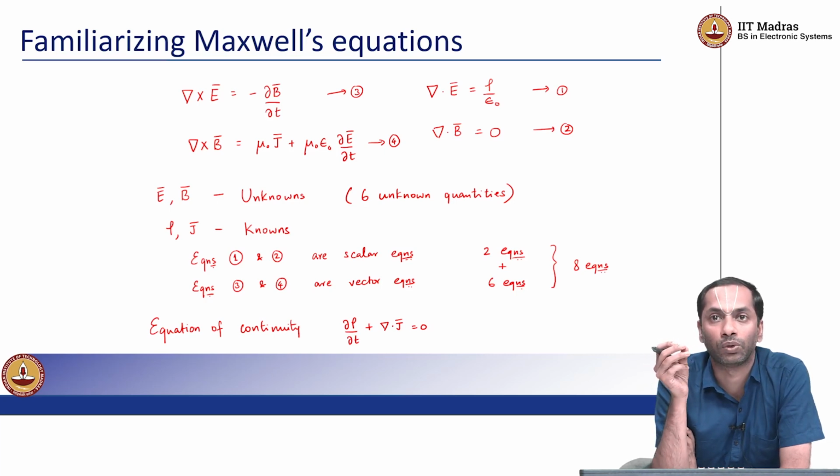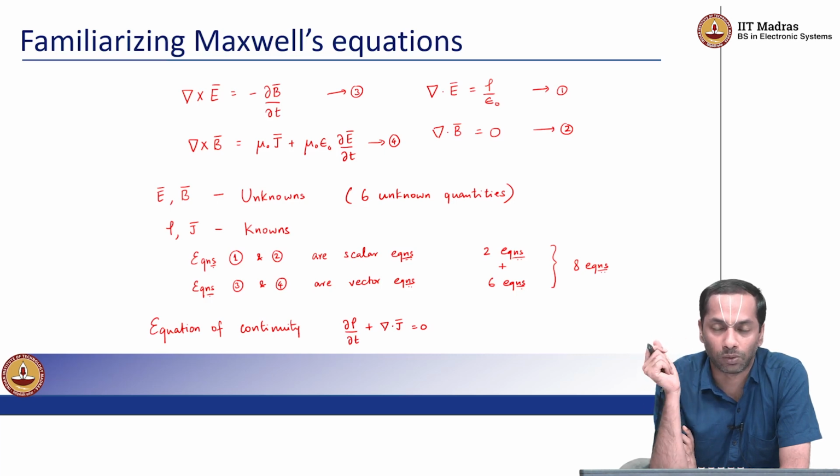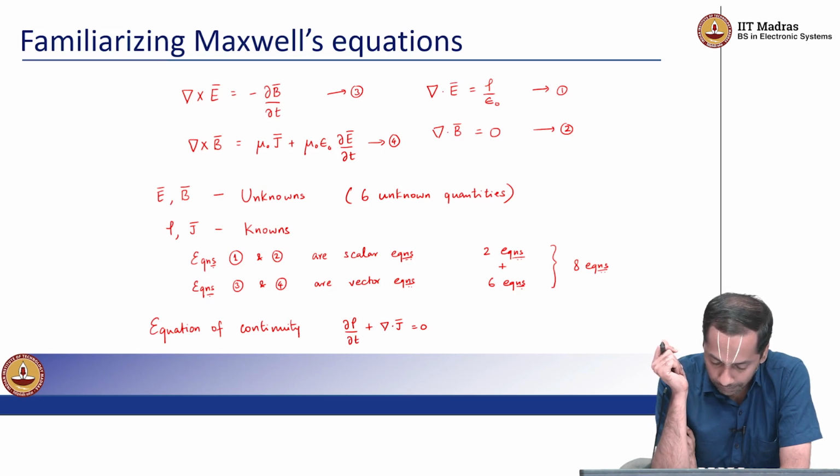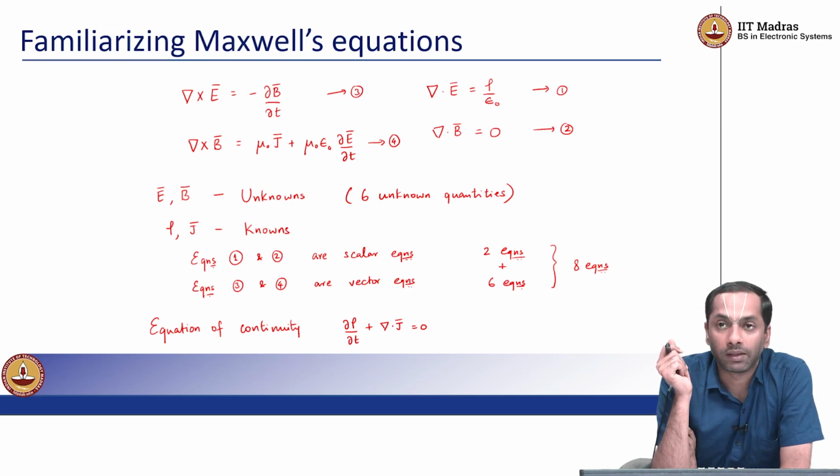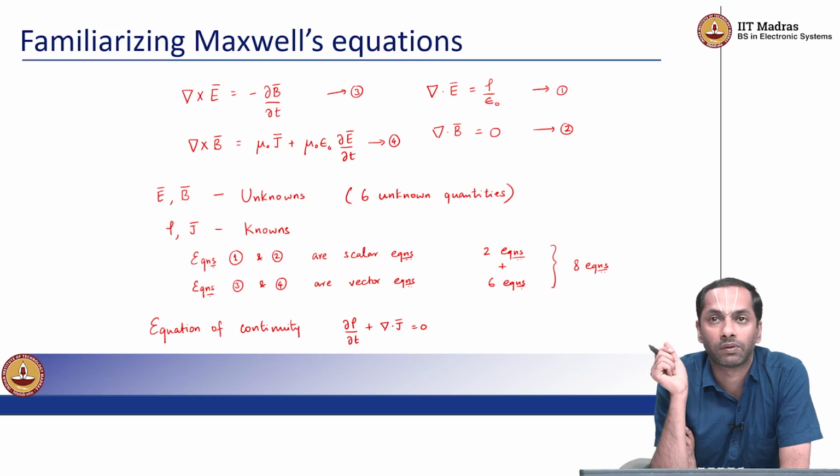Which essentially amounts to there being an inward flux of electrons or positive charges into this volume, right? And an inward flux of positive charges into a volume is essentially negative of the divergence of J.